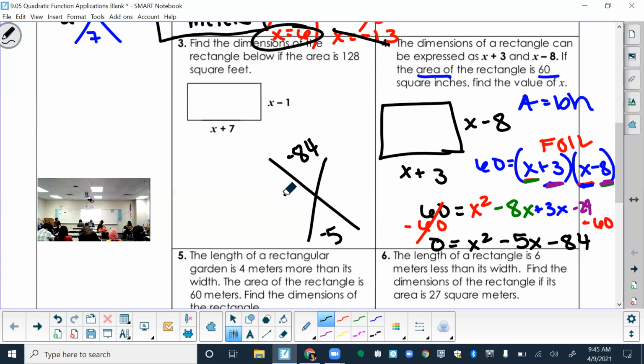Good, and which one has to be negative to make that work? So 12 plus -7 gets me, good. So multiply them, they give me -84. Add them, we do get -5. And sorry, I'm out of room, so I'm going to copy this onto the next slide.